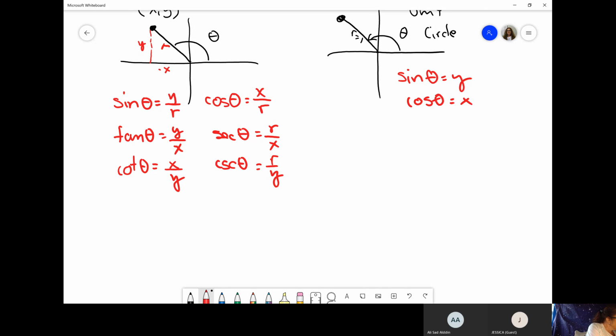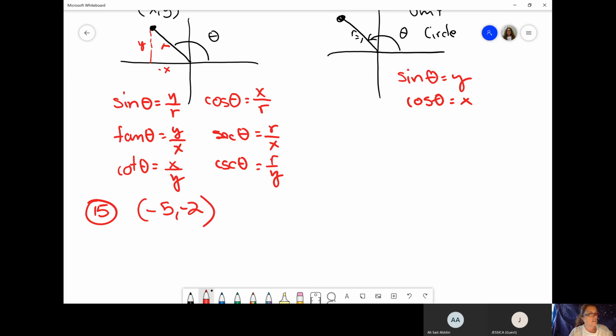If I look at, how about number 15 in the book? Number 15 says, the point is on the terminal side of the angle in standard position. Find the exact value of the 5 trig functions, and the point is -5, -2.